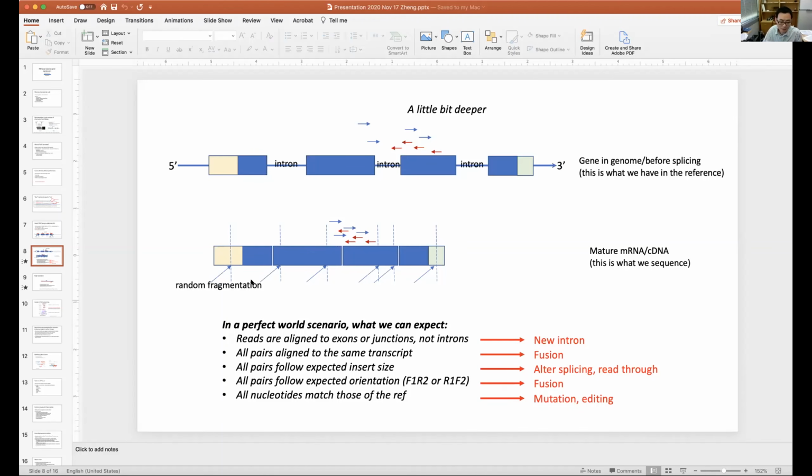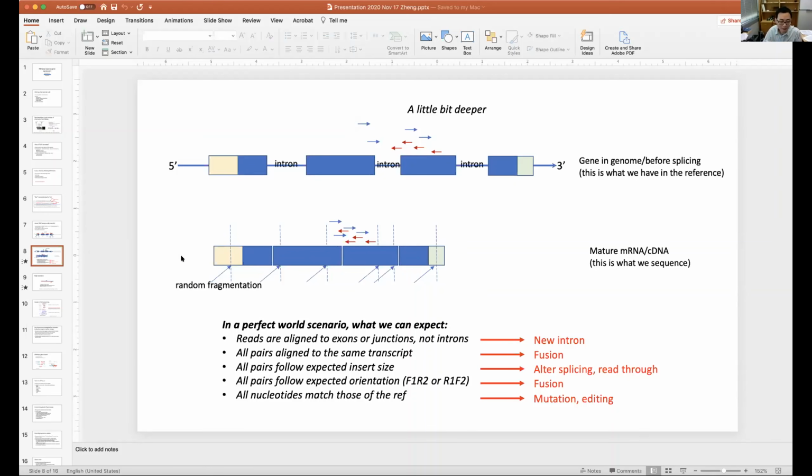In reality, before you sequence the sample, the gene looks like this. The sequencing protocol captures the mature mRNA, then first reverse transcribes it into cDNA, because cDNA is more stable than mRNA. And what you sequence is actually those cDNA molecules.